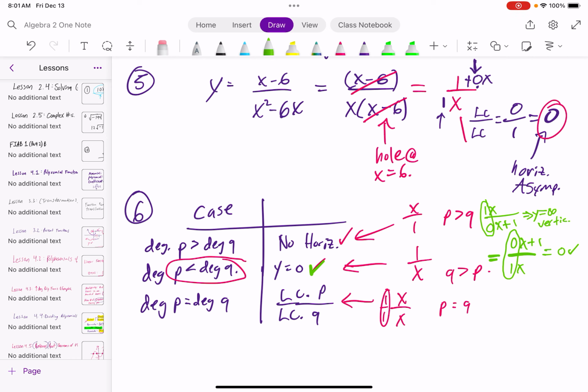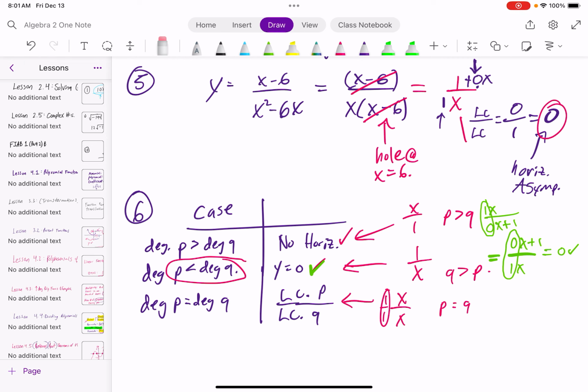Okay? It wouldn't make sense for y to be infinity. Right? Horizontal asymptotes are either 0 or a ratio, not infinity.